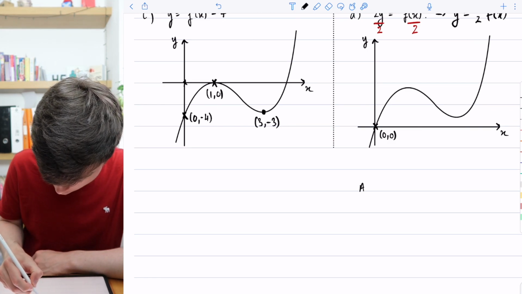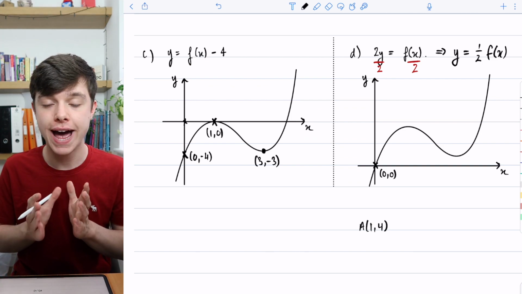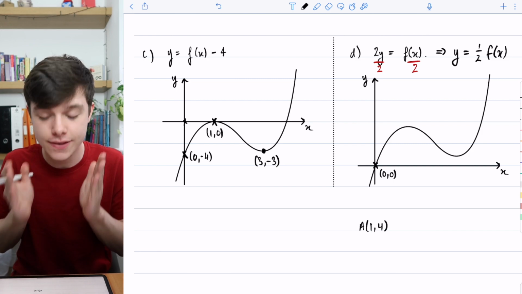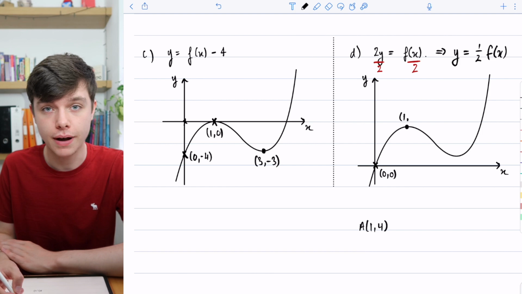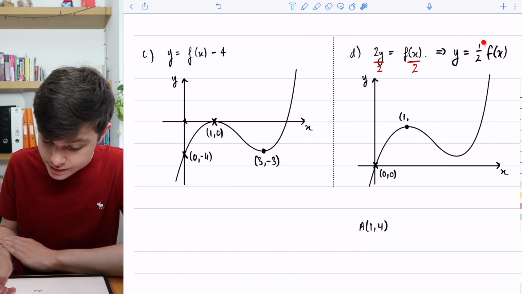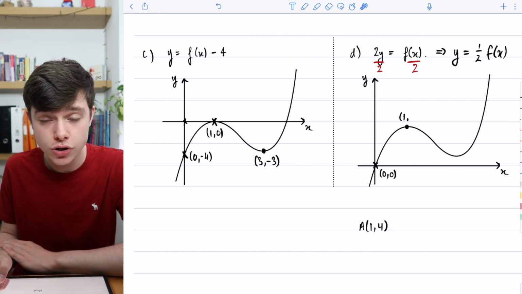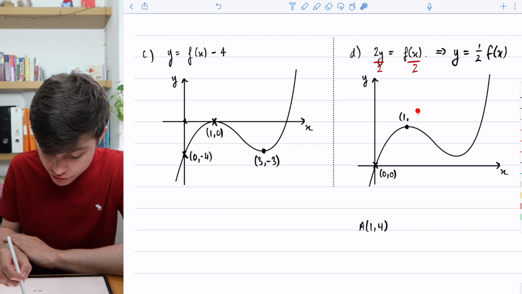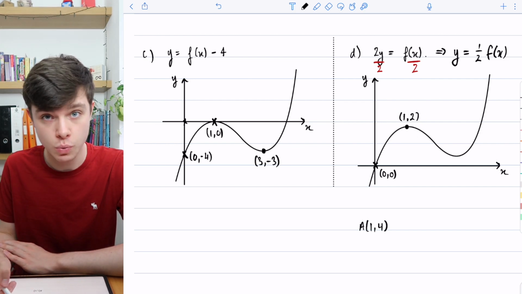A was 1, 4. It is a vertical stretch, so all of my horizontal points are going to stay exactly the same. So I can really write that on already as 1, okay? Now, it was a scale factor of a half, so all of my y values are just going to be divided by 2. So instead of this, which was originally 1, 4, it's now going to be the point 1, 2.